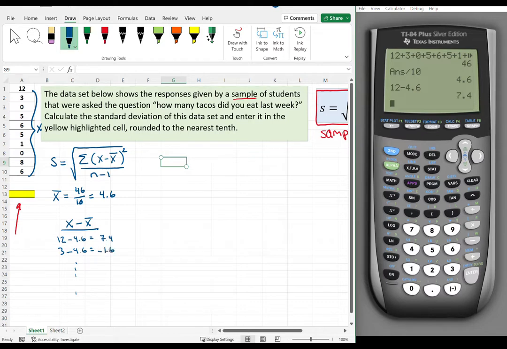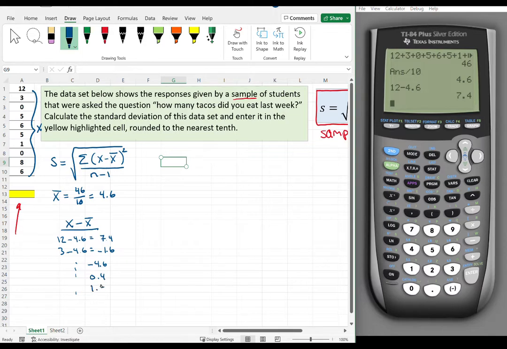And I'm not going to go over to the calculator and do it for every step. This video would be 30 minutes long if I did that. So I'm just going to write down the answers. 0 minus 4.6 is negative 4.6. 5 minus 4.6 is 0.4, and so on.